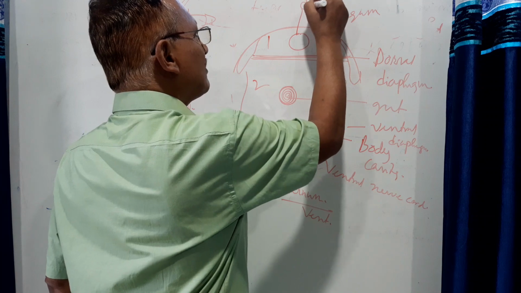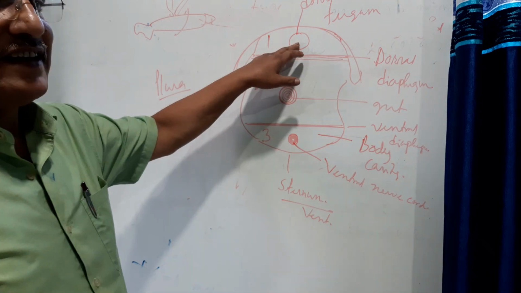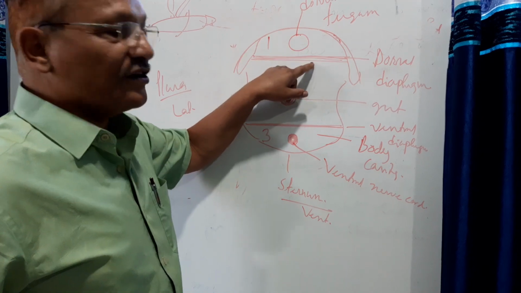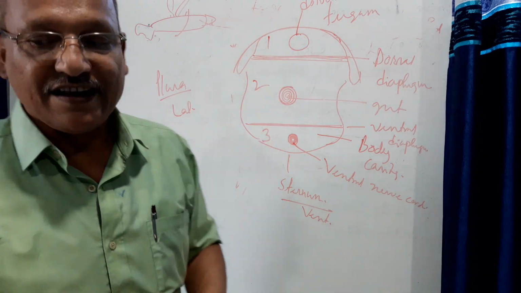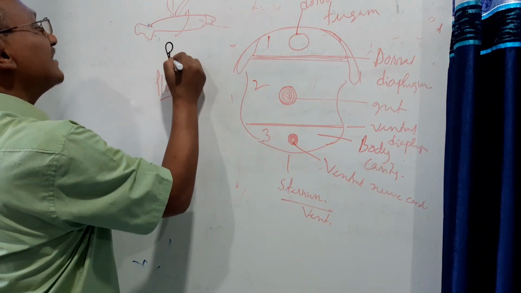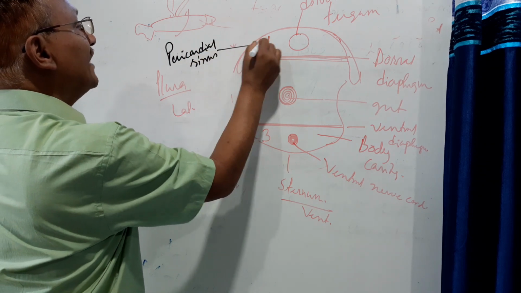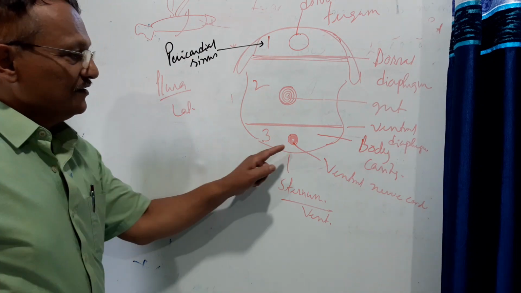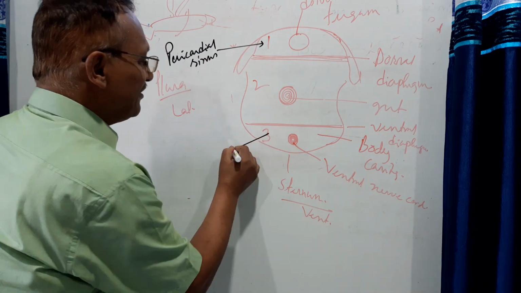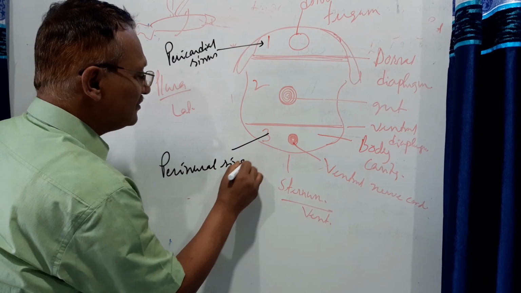The dorsal vessel is situated between the dorsal body wall and the dorsal diaphragm. This is called the pericardial sinus. And the sinus of the ventral side is called the perineural sinus.